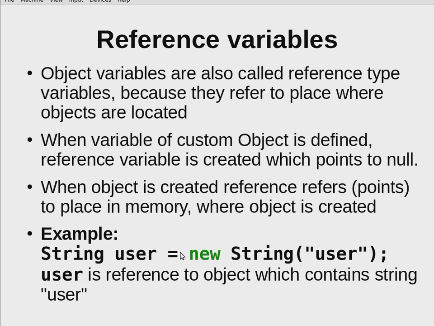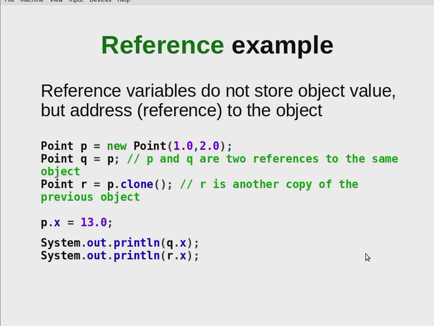But in Java, the assignment operator is overridden, particularly for strings, because this verbose variant of creating new strings can also be rewritten in a much shorter way. String user is an actual literal value, because this assignment operator for string is overridden in such a way that it is the same as construction of this object with the passed parameter here.